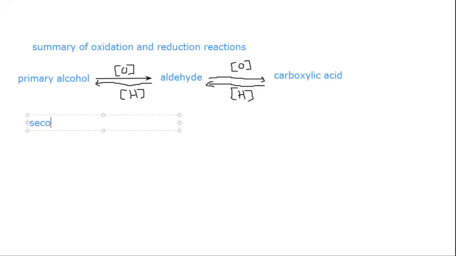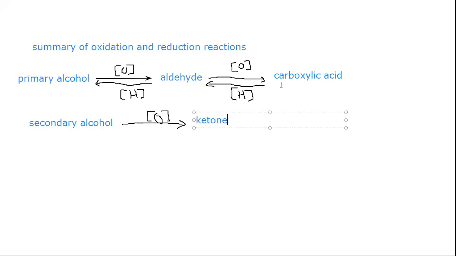If you take a secondary alcohol, on oxidation, going from left to right is oxidation, will give you ketone. We saw that in chapter 13.